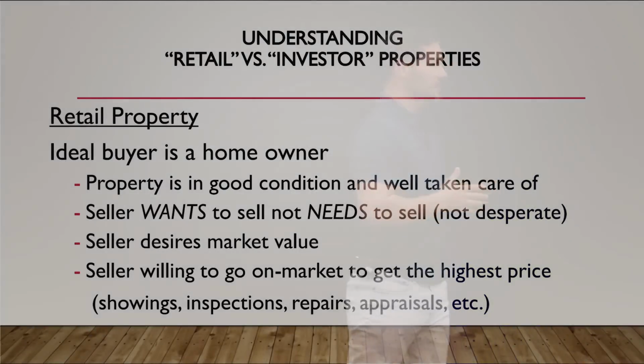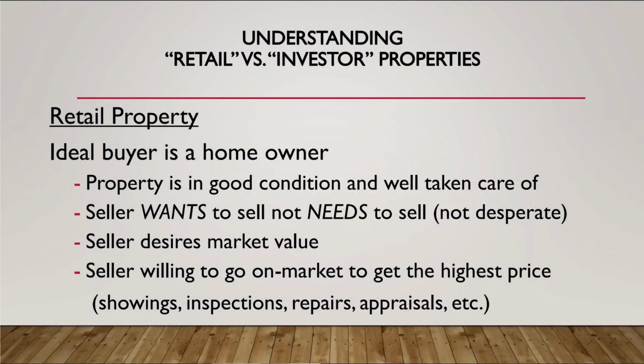So first and foremost, retail is the ideal buyer is a homeowner. And so when you come in contact with a seller and you're looking at their property, who is the ideal buyer? If the ideal buyer is a homeowner, then that means the property is going to be in good condition, it's going to be well taken care of. And this is where the seller wants to sell, doesn't need to sell.